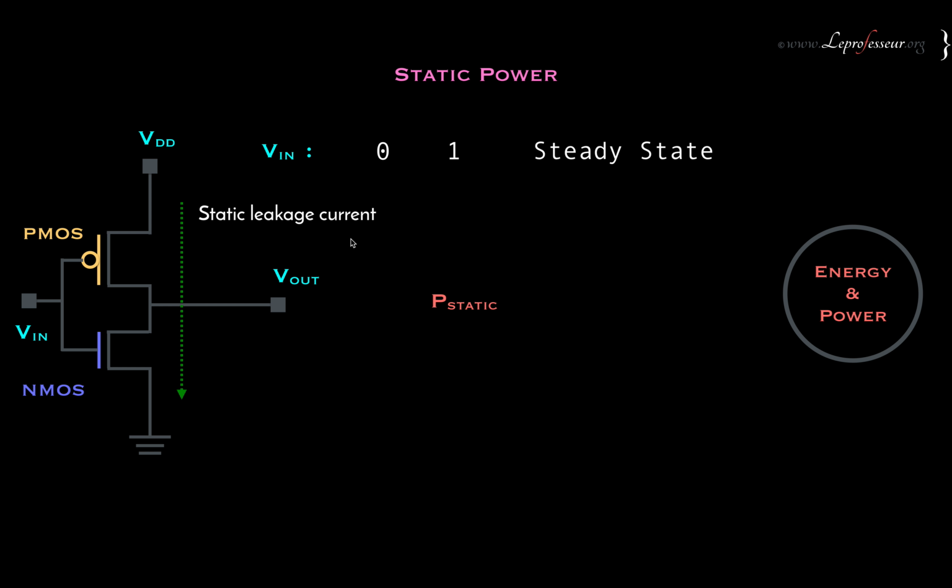You can look into the textbook. Before reaching the saturation region, the device operates in different regions, and in different regions different kinds of current flow. But when the device is in operation, it's a static leakage current which flows from VDD to VSS, leading to a static leakage.